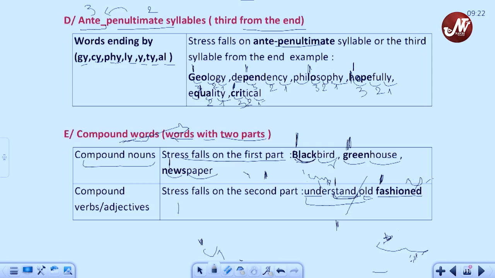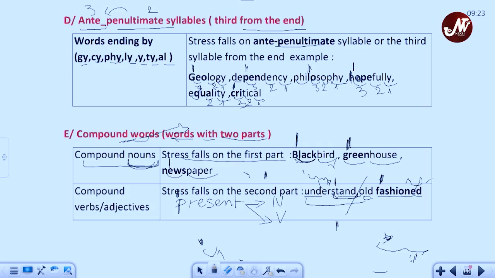Sometimes we have the same noun and the same verb. For example, present, the present, or to present. If we have it as a noun, we stress on the first syllable, the present.